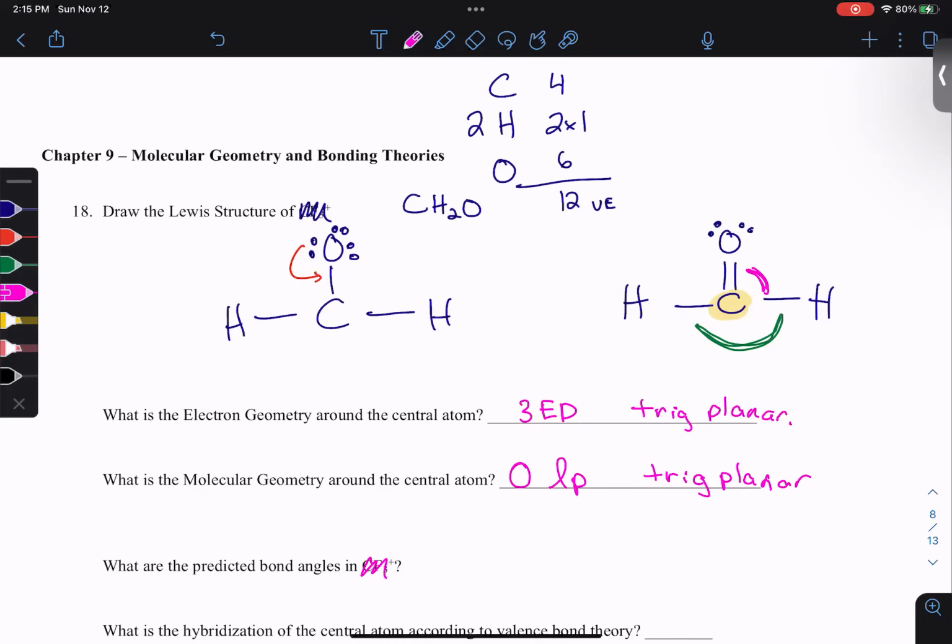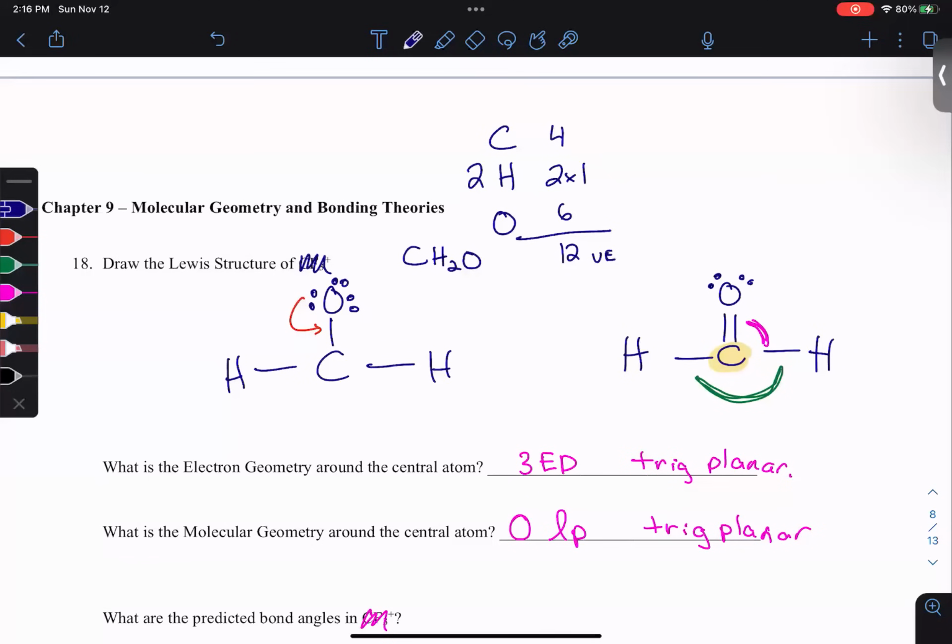Yeah, so no, it's not going to be exactly 120. 120 is our ideal bond angle. So does that mean since I drew it this way, this green angle is 180 then? No, just because I drew the Lewis structure at 180 degrees doesn't mean it is. What would be better is if we drew it closer to what a trigonal planar looks like. So it's going to look like this.